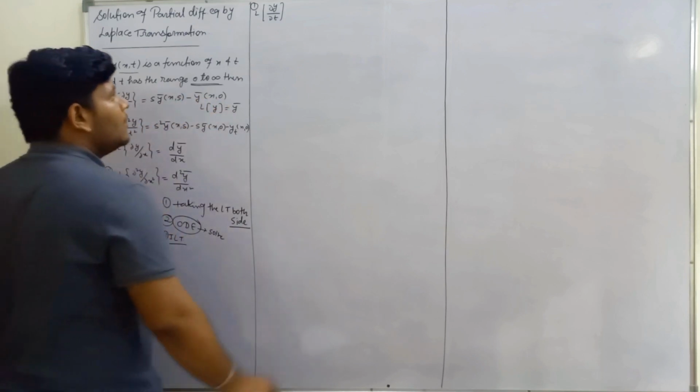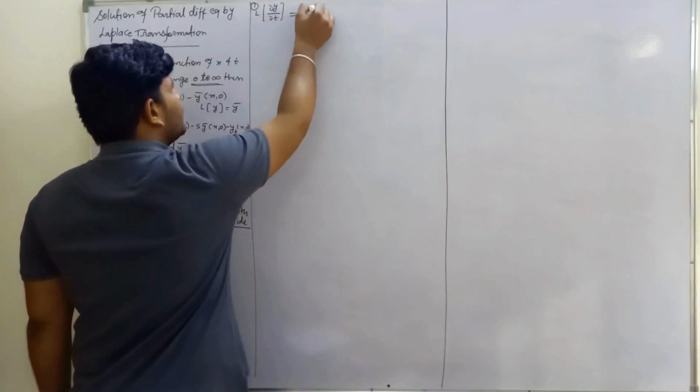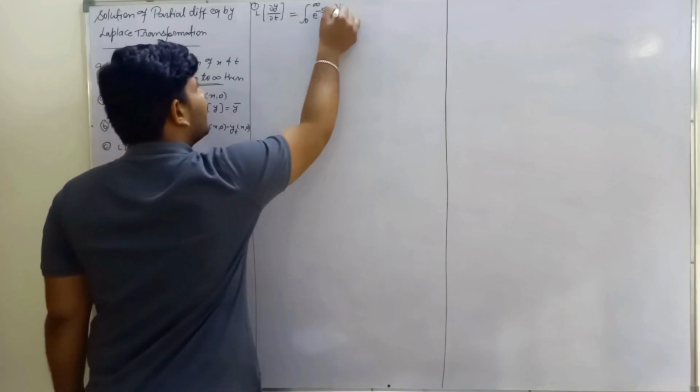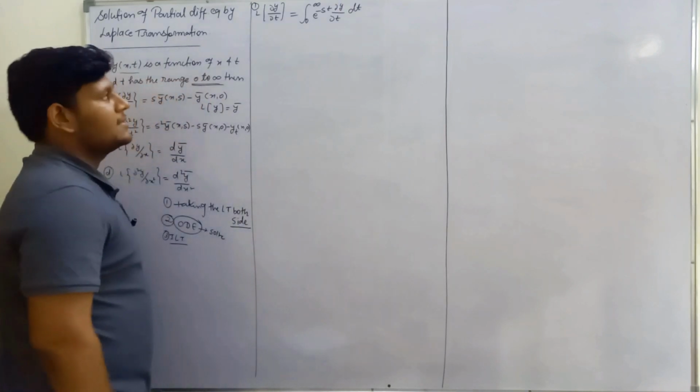But how? By using the definition of Laplace transform: the integral from 0 to infinity of e to the power minus st times f of t, where f of t is dou y by dou t, dt.